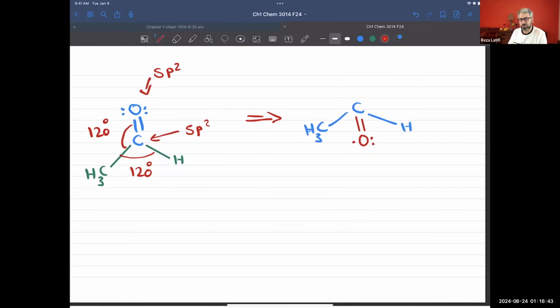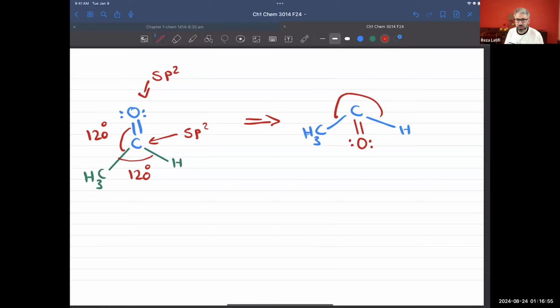Why? Because whenever you're drawing the Lewis structure of any molecule, you try to maximize the bond angle. And in this case, you left this entire space unused. Well, you drop the bond angle here to something around 60, and the same thing here, around 60.